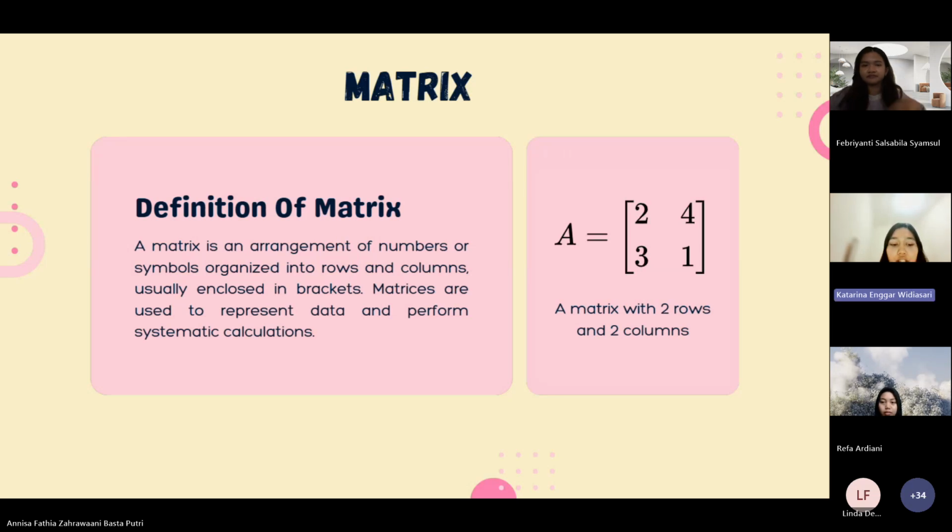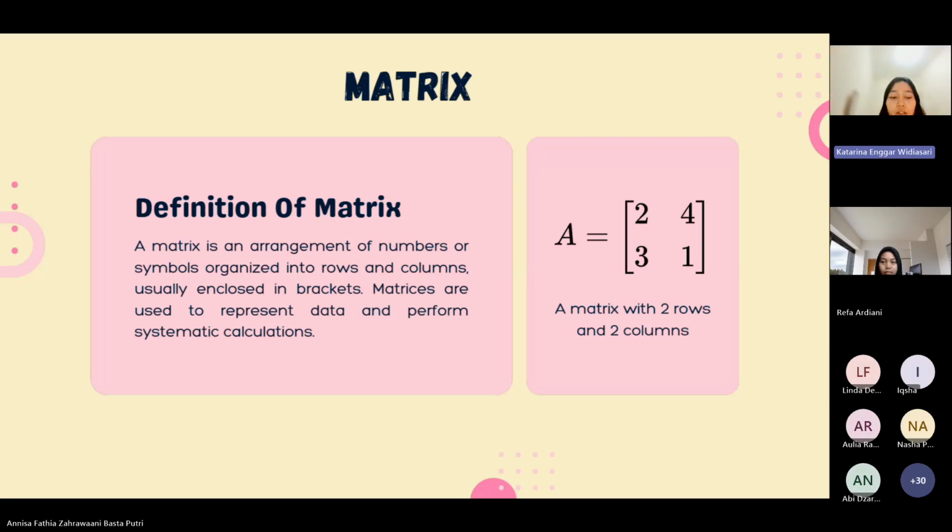These numbers are arranged in two rows and two columns, like that. Because it has two rows and two columns, we call it a 2 by 2 matrix, or a matrix of order 2 by 2.